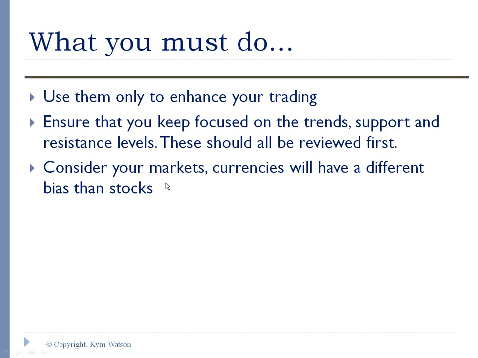Now, if you look at the markets that you're trading, currencies have a different bias in terms of stocks. Stocks can have these sort of super cycles. A particular stock may push up and up and up, whereas currencies tend to be more cyclical. We see as countries run through their different phases in the economic cycles, and interest rates rise and fall, you get these cycles in the markets.